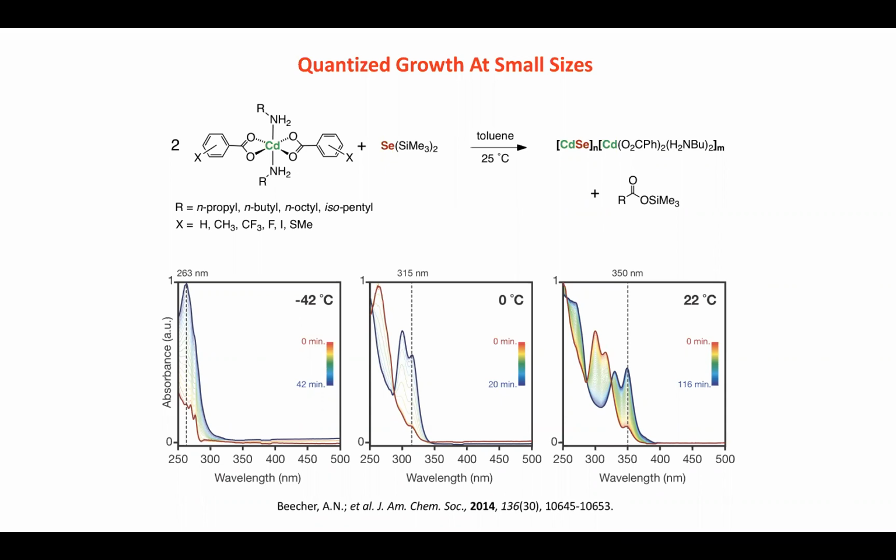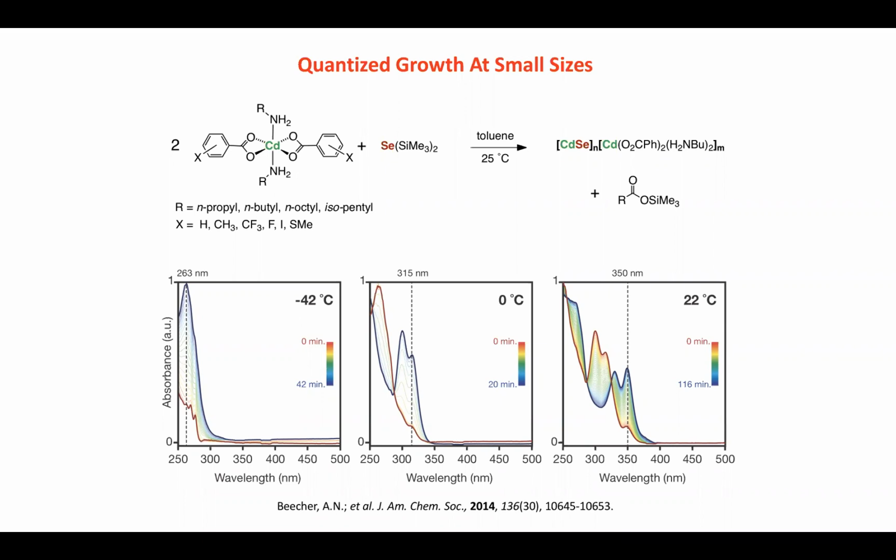Okay, so this reaction is a cleaner version of this sort of jumping kinetics that I showed you on the previous slide. It turns out that if you heat this reaction hotter, this process happens again and again and again. So you can make pretty large crystals this way.